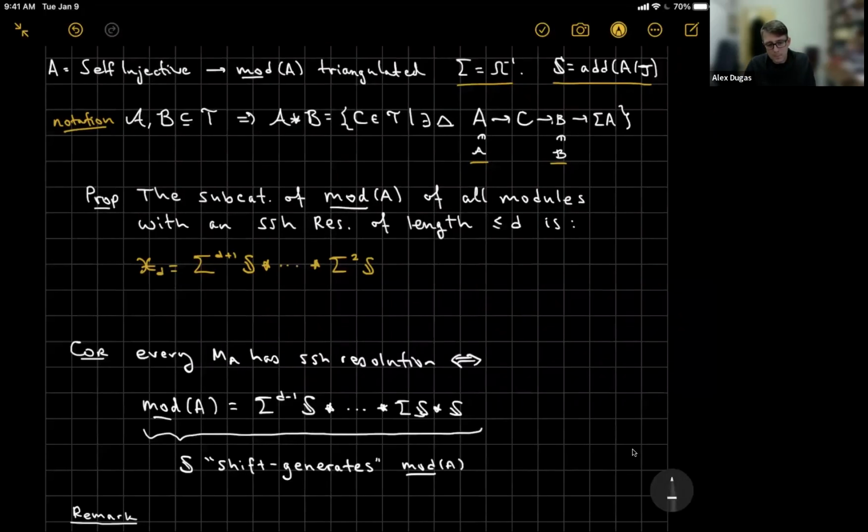So this is maybe a different version of a strong generator of a triangulated category. I don't know if something like this has appeared in other contexts, but it seems like an interesting condition to study.